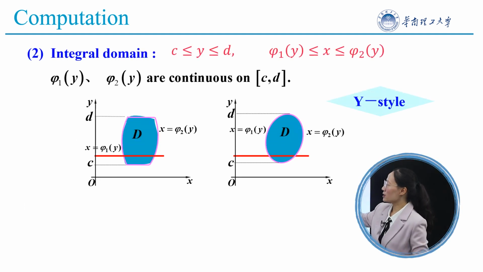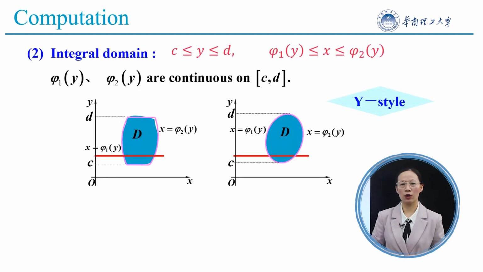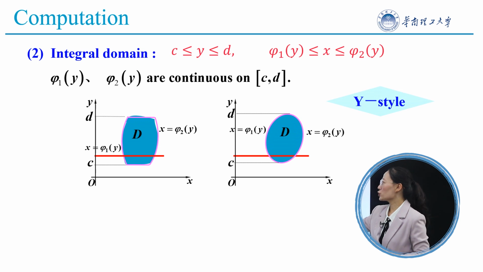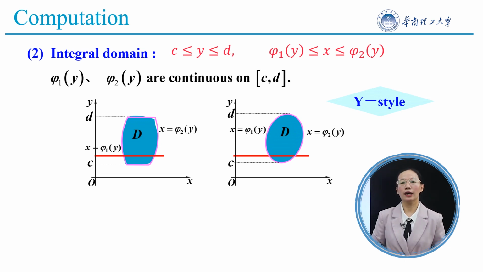We secondly see this kind of integral domain. y is from c to d and x is from phi1(y) to phi2(y). Phi1(y) and phi2(y) are continuous on the interval [c,d]. The two pictures show this kind of integral domain.